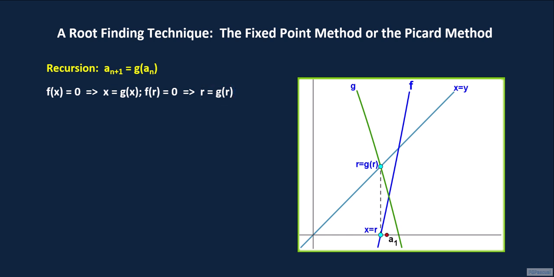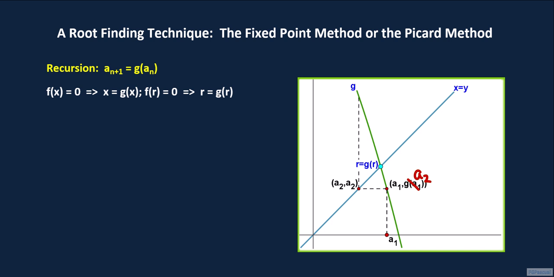We start with the first estimate a_1 on the x-axis for x = r. Then we find g(a_1), or proceed vertically from a_1 on the x-axis to the corresponding point on the graph of g. g(a_1) is the next estimate a_2. Then we follow the horizontal direction to the point a_2 on the graph of x = y.